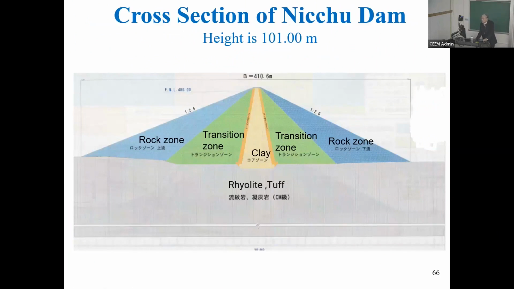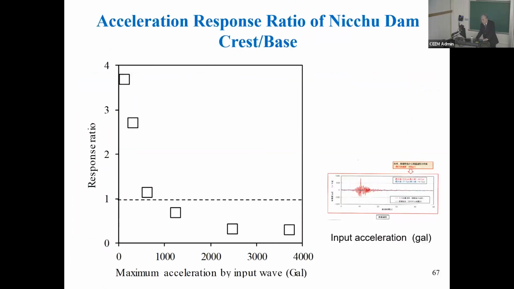This shows a section of a dam whose height is 101 meters: rock zone, transition zone, and core, a typical Japanese rockfill dam.